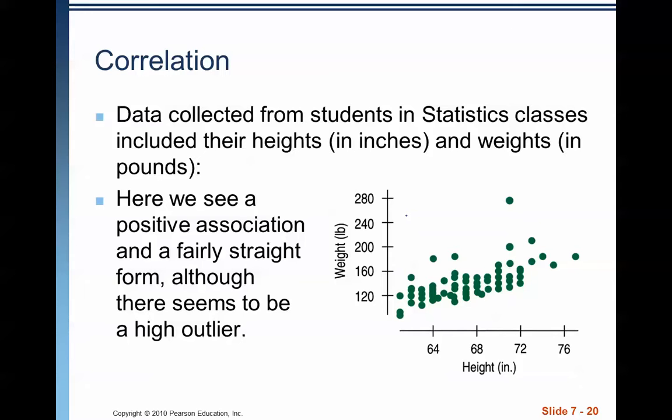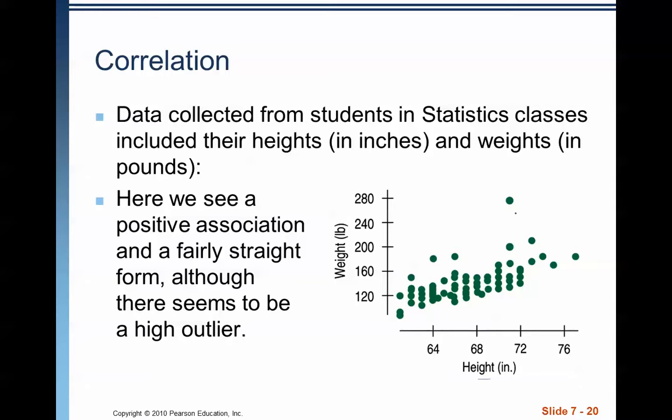So here we have a scatter plot of statistics students' height and weight. Height on the x-axis is the explanatory variable, and weight on the y-axis is the response variable. You can see with the scatter plot that we have a positive association. It is fairly straight, with probably an outlier right here.